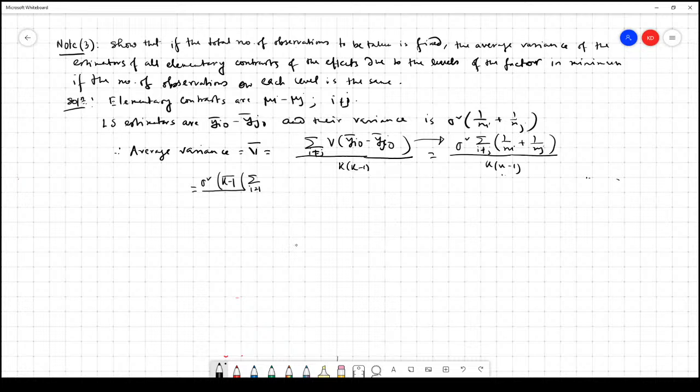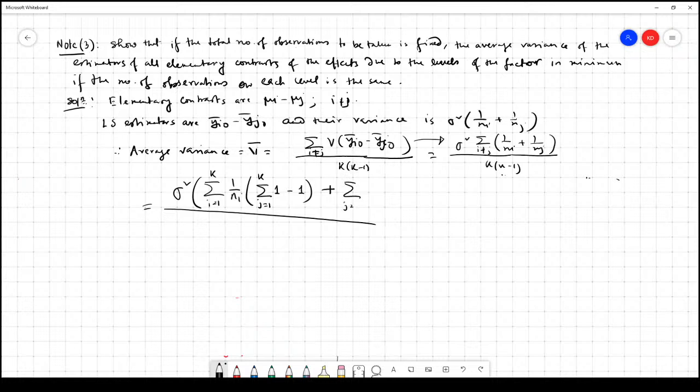Okay, and break this thing. Sum over i from 1 to k, 1 by ni, j equal to 1 to k, 1 minus, since i not equal to j, so subtract one thing, that is minus 1. Okay. So similarly you can do this for this part.